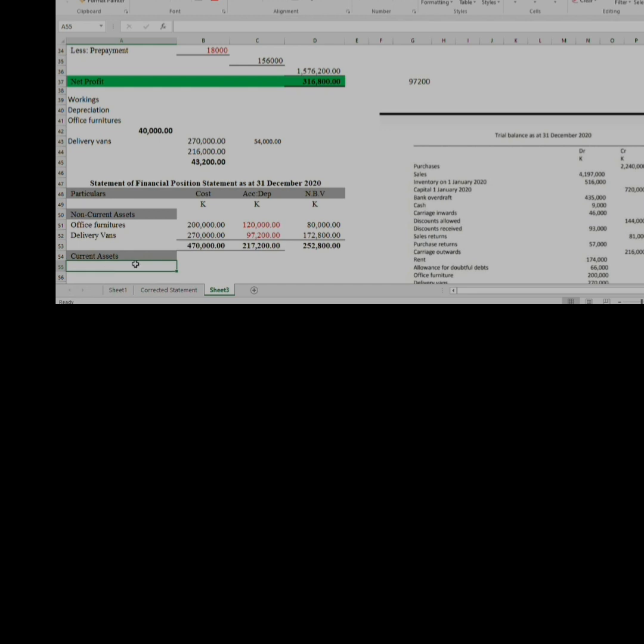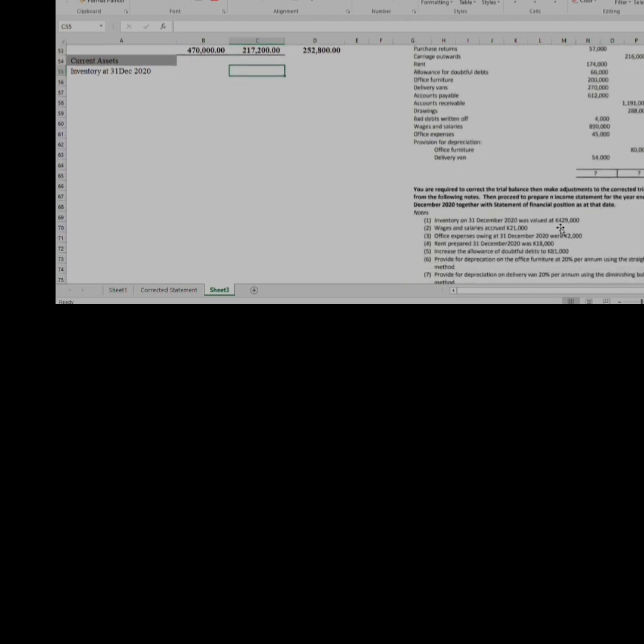So under current assets, the first one is inventory at 31st December 2020, which in the question has been given down there because it's not in the trial balance, so it's supposed to be down. Inventory at 31st December 2020, 429,000. So I put 429,000 there. Then we go on, we check which other current assets we have here.